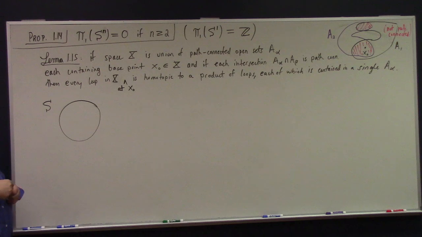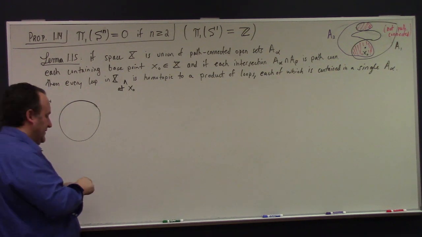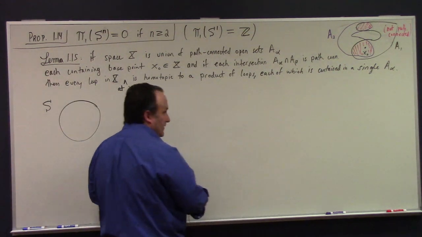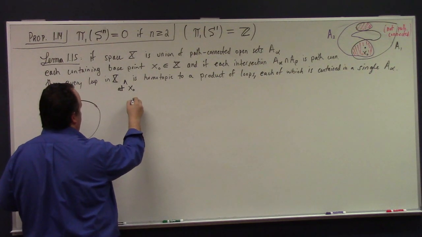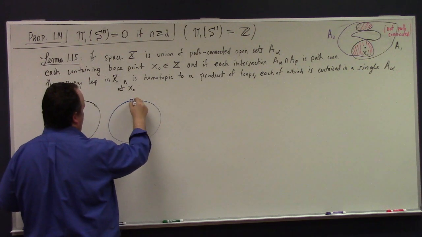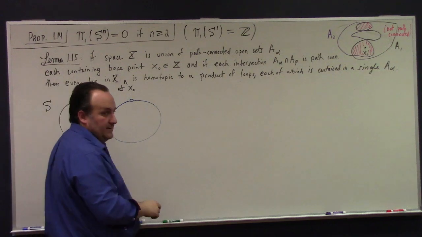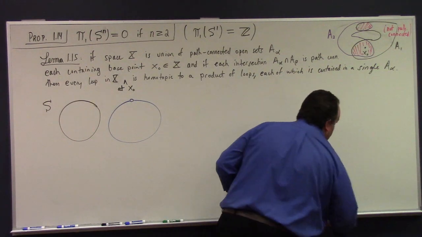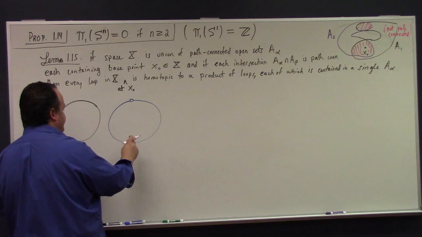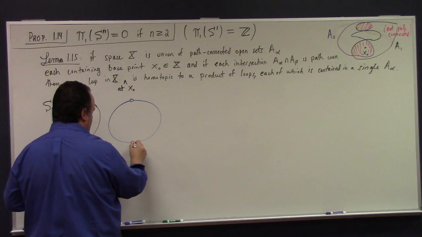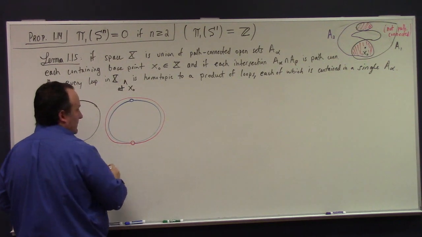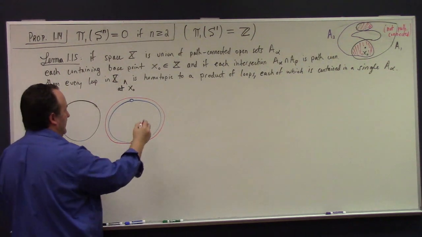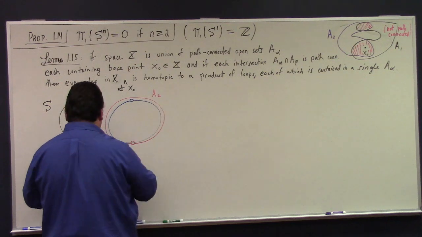And if we were to take S1, we could divide it up like this: you got this piece, and you got this piece. So think about this as like A2 and the other one A1.